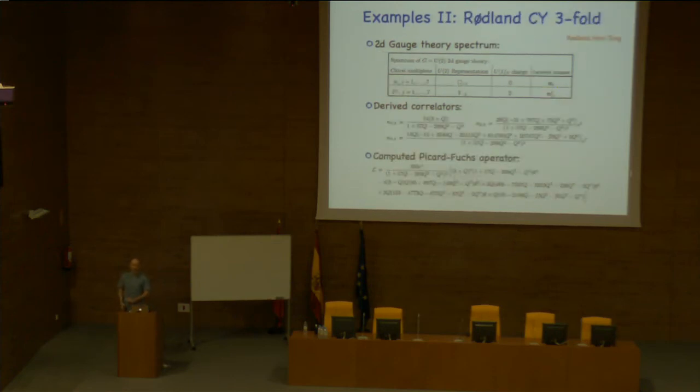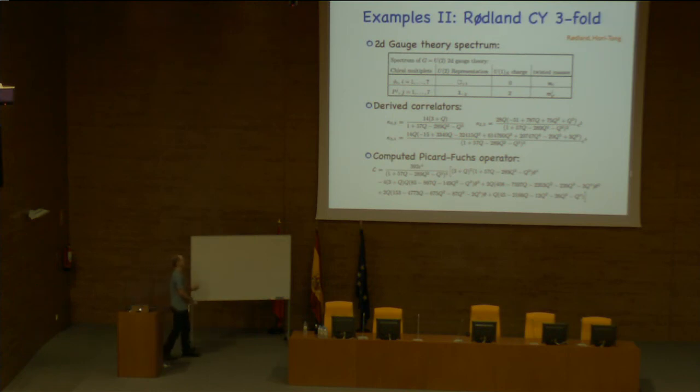So just to illustrate at the end the second approach, I would like to point out another example of a Calabi-Yau threefold. This is a Calabi-Yau threefold which is not of the complete intersection type in a toric variety, and it's probably one of the benchmark Calabi-Yau threefolds of this non-complete intersection type.